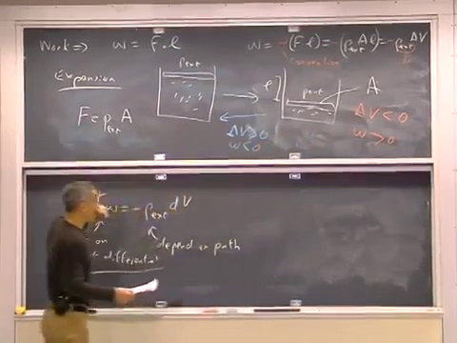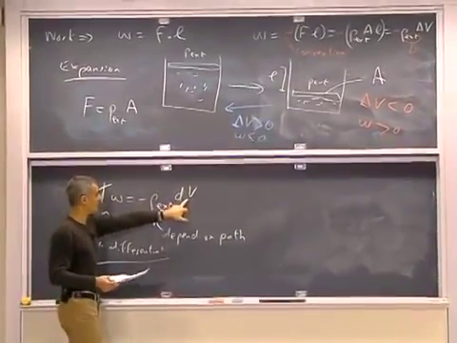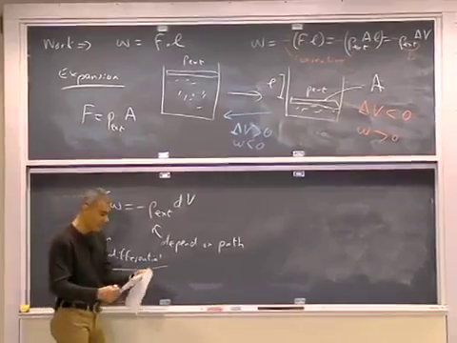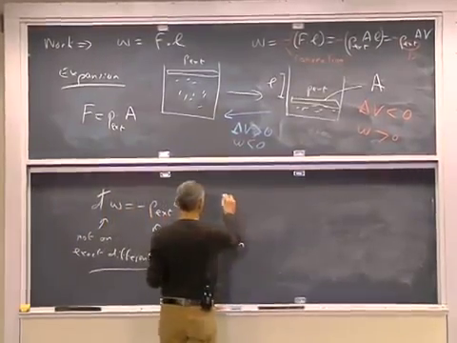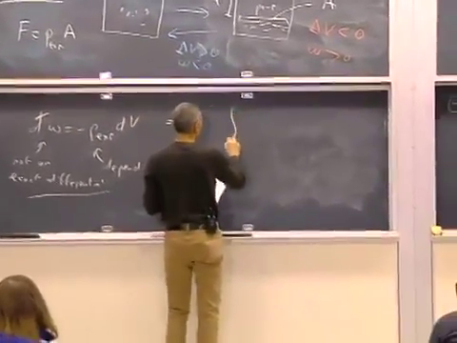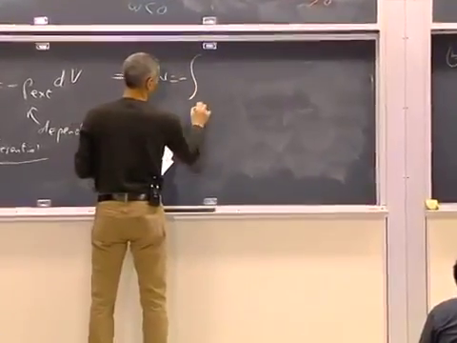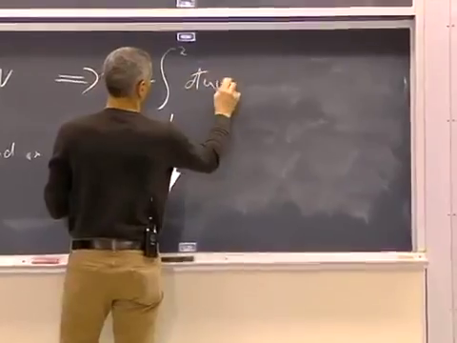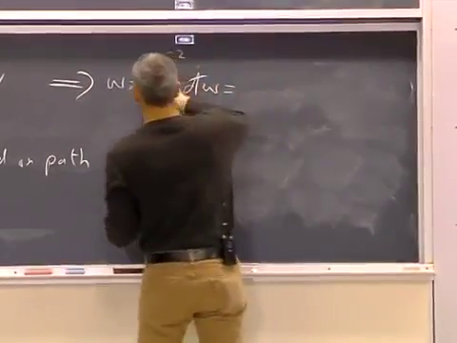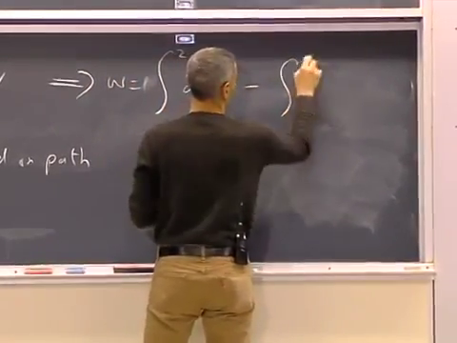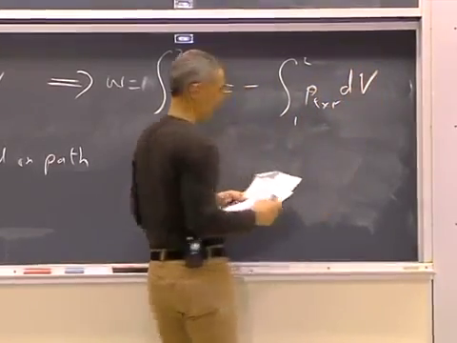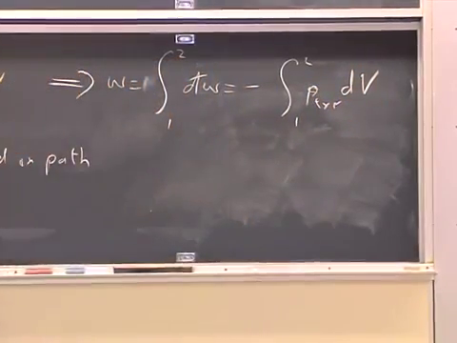So the delta V here is an exact differential, but this dW is not. And that's going to be really important. Right? So if you want to find out how much work you've done, you take the integral from the initial state to the final state of dW, minus the integral from 1 to 2 of P external dV. And you got to know what the path is.